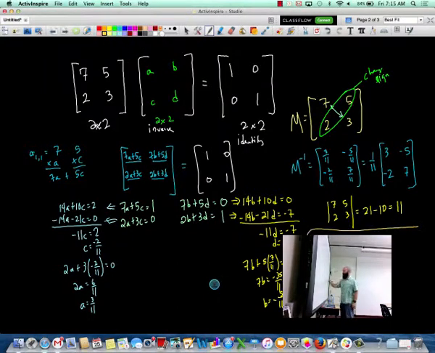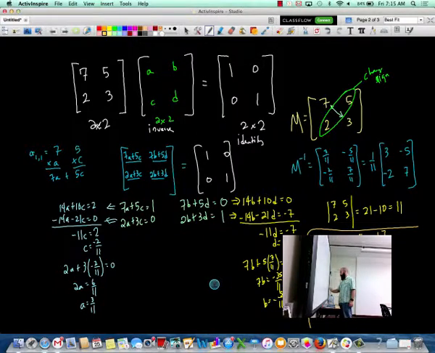If we want to find the inverse of a 2 by 2 matrix, it's a 3-step process. First of all, you find the determinant of that matrix, and then you put that under 1.